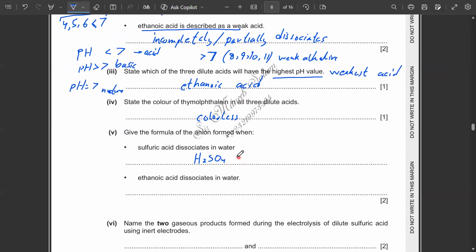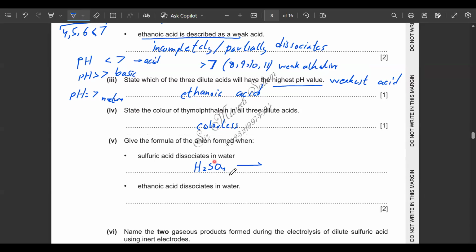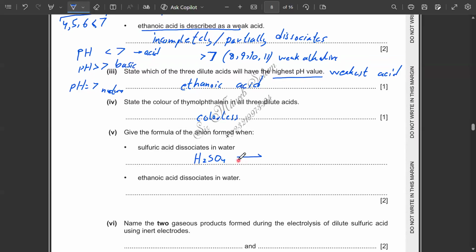So when it dissociates, you will represent the arrows. The arrow direction can be in both directions, or it could be one direction, but for a strong acid we usually put just one direction of the arrow. They are asking you to write the formula of the anion.